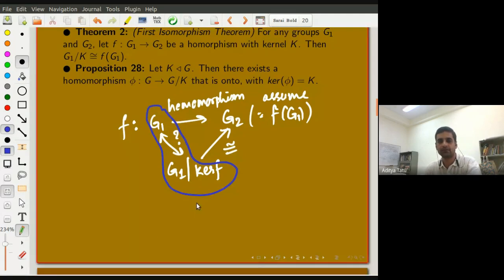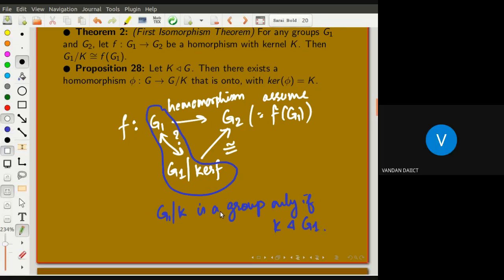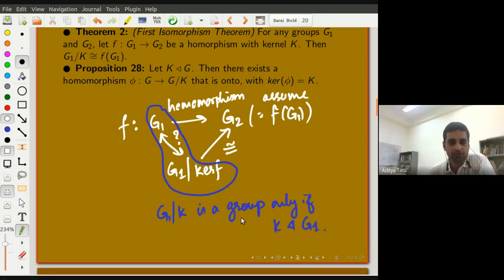Otherwise, the group structure will not hold. G1 slash K is a group only if K is a normal subgroup in G1. That I hope you will recollect from the last class. If it is not a normal subgroup, then would the set of cosets be closed?